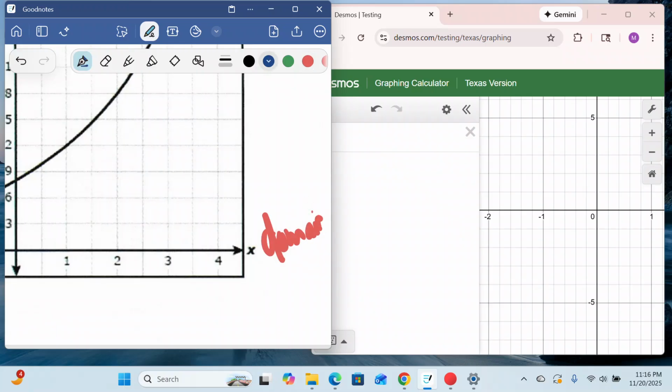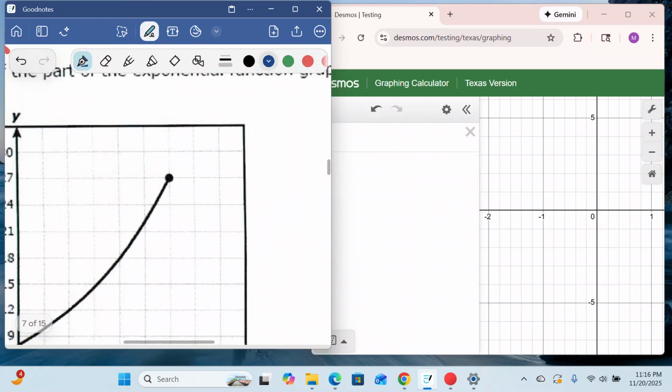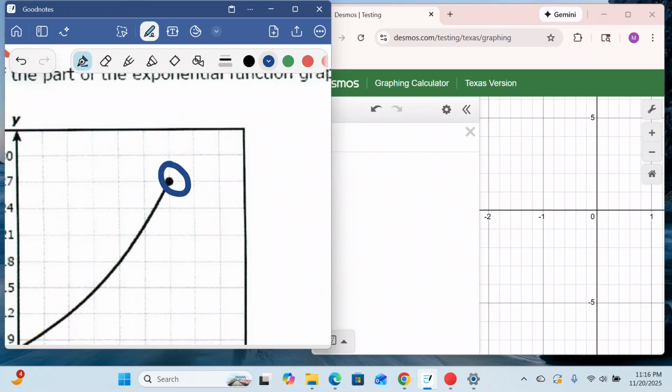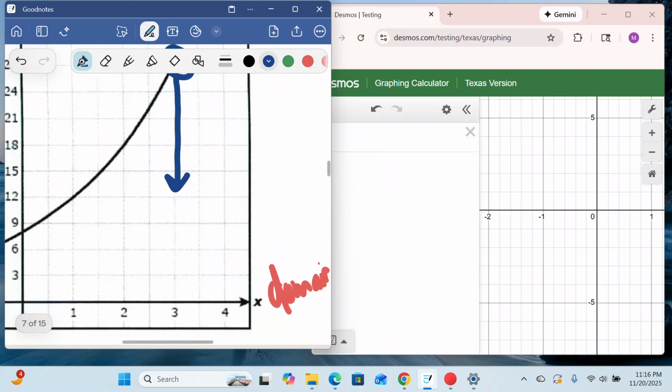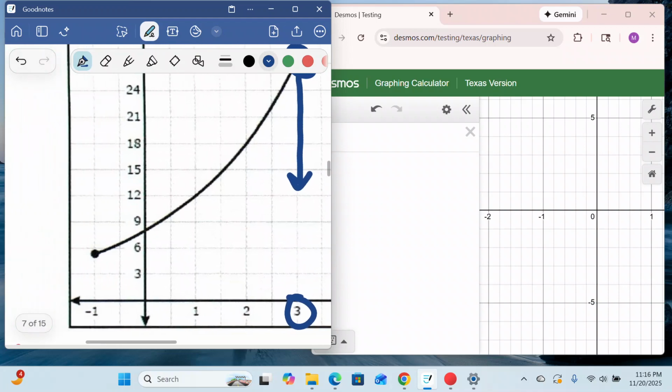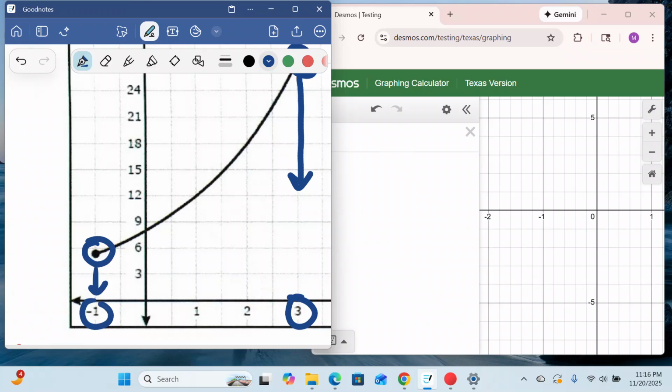And in blue, I'm going to circle this one right here, and trace all the way down, and circle my 3. So my domain, my x value, is 3, and then I'm going to circle this right here, and circle -1. So my domain is anywhere from -1 to 3.